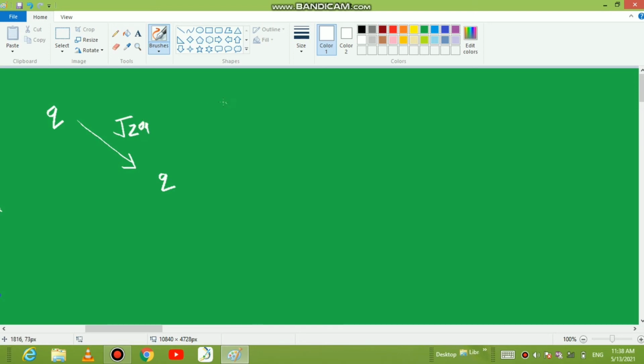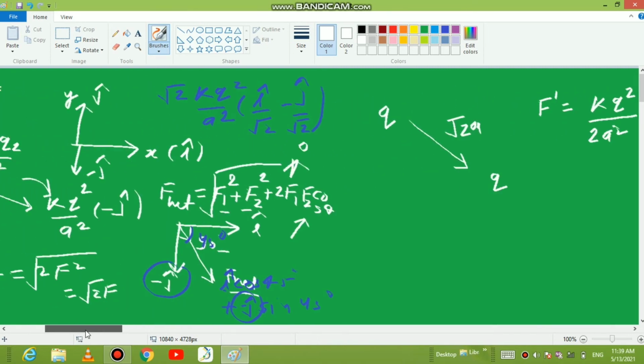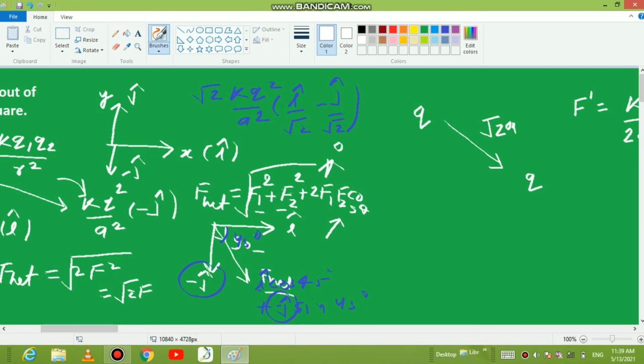According to Coulomb's electrostatic force, it will be K times charges Q1, Q2, which are equal to each other, that is Q, and the distance between them is root 2 a, so its square is 2a square. Now the direction. We all know the direction which we explained in our previous section, that is the same for this.